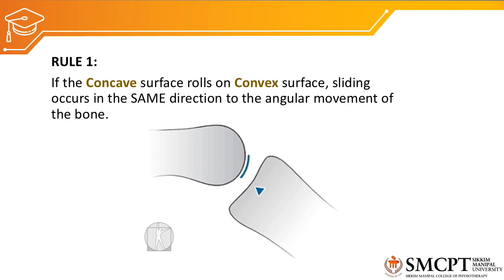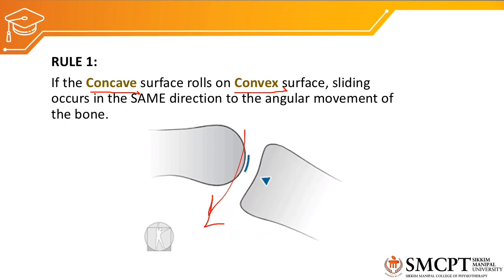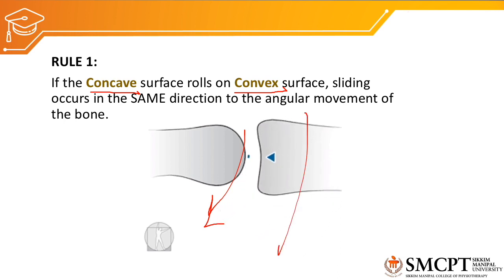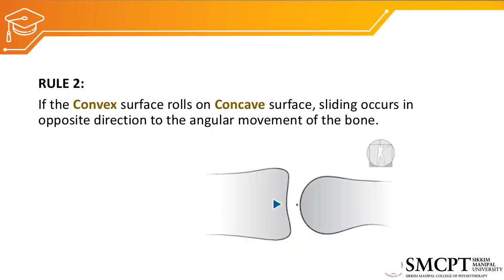Now, if we have understood the concept of the convex-concave rule, that is, if concave moves on convex, the direction of the sliding will be towards the same direction as the movement of the bone. That is, sliding is in the same direction as the movement of the bone if a concave surface moves on convex.